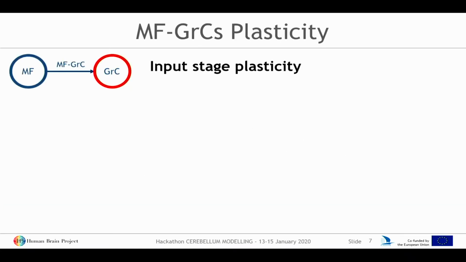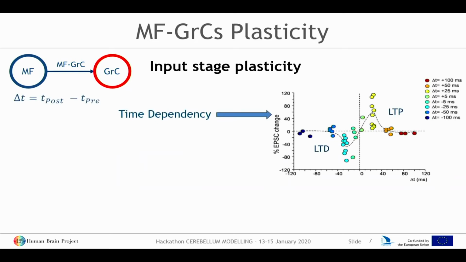And then we have a more complex plasticity, let's say, at the input stage of the cerebellum between mossy fiber and granule cells. So we have experimental data coming from Egidio's lab, where they have measured the changes in the LTP and LTD according to the differences of spike timing, so the STDP, and we can see that we obtain this rule that is similar to the last one that we have seen, the PC-DCN plasticity.